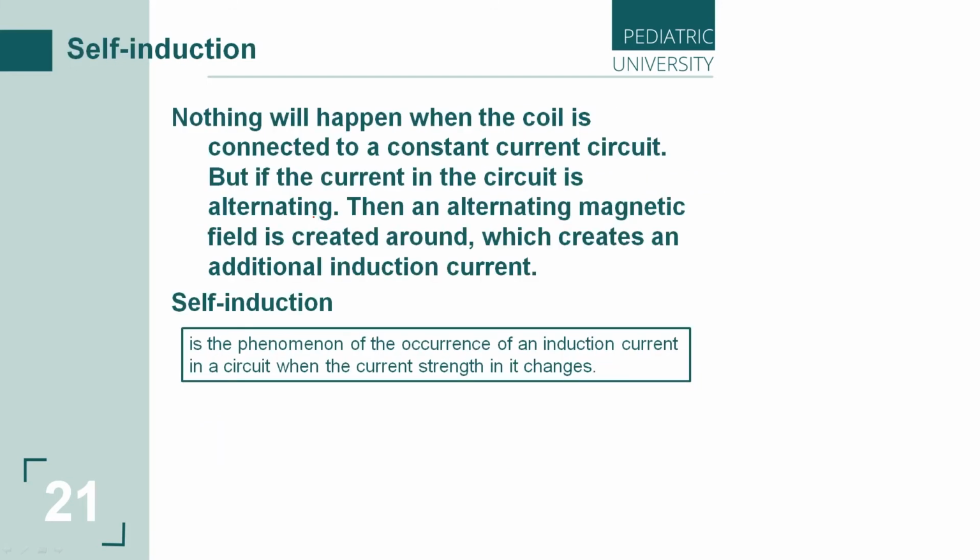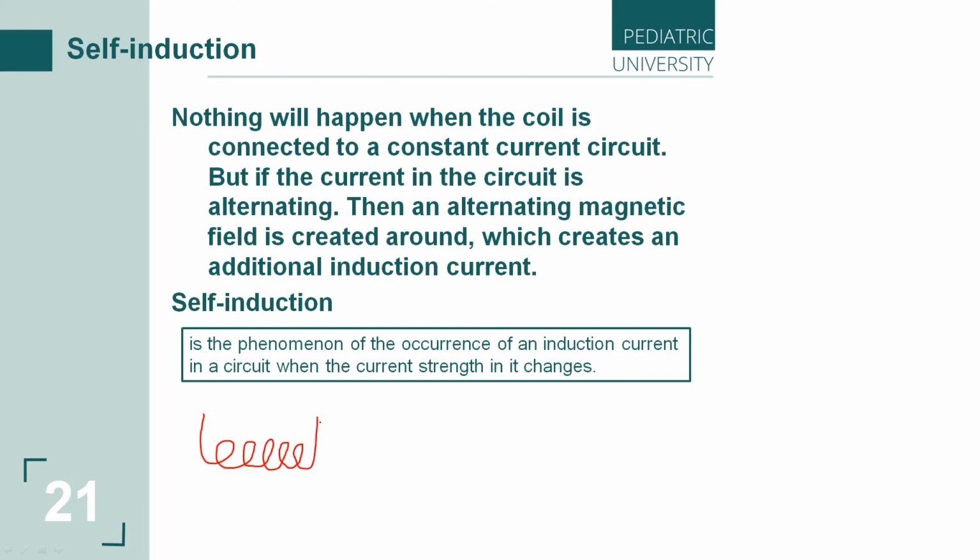Now, let's take an induction coil and connect it to a constant current circuit. In the end, nothing will happen if we have a constant current circuit. But if the current in the circuit, for example, the coil, students, this is the coil, don't forget, yeah?